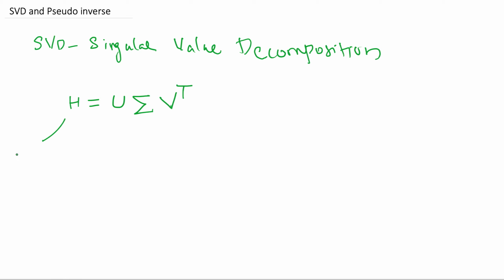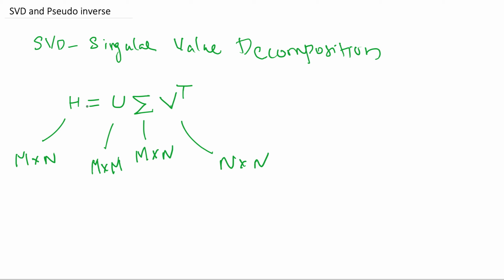Suppose that H is of dimension m by n, U is of dimension m by m, and V is of dimension n by n. So if you want to make the multiplication agreeing with the dimensions, then the dimension of sigma should be m by n.